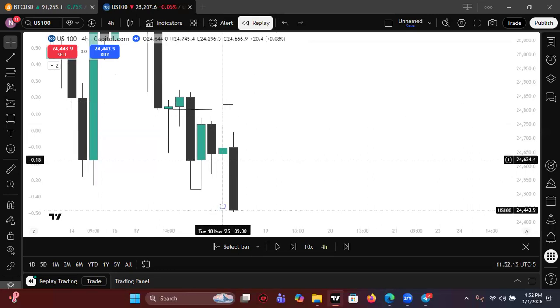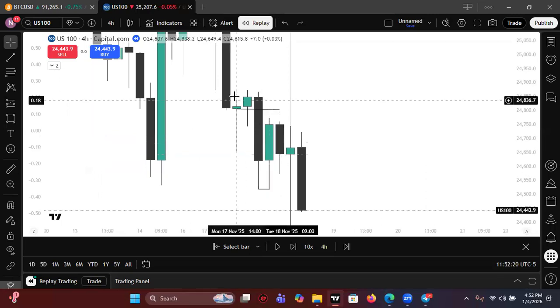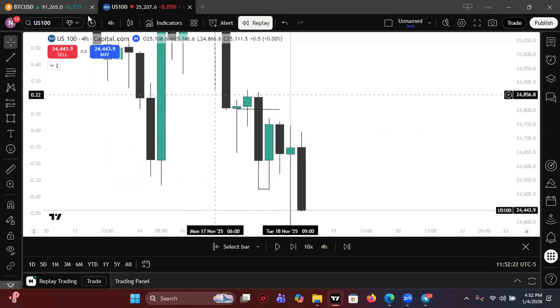And you can see during 9:30, volatility came into the market, right? But I think maybe there might be SMT over here.